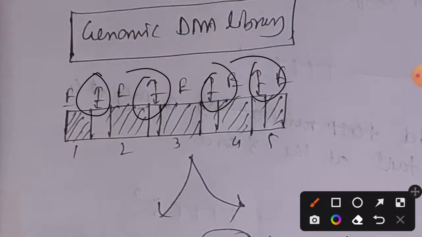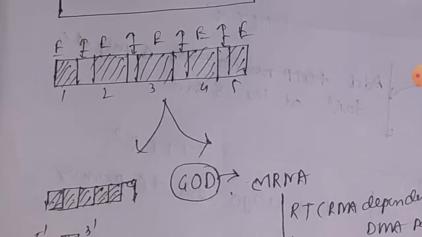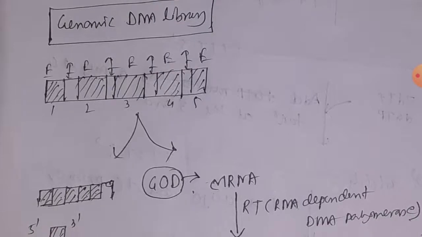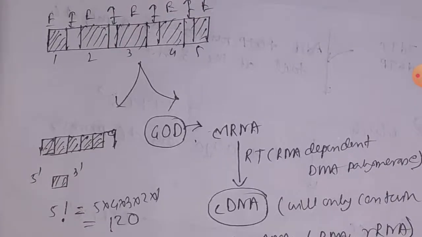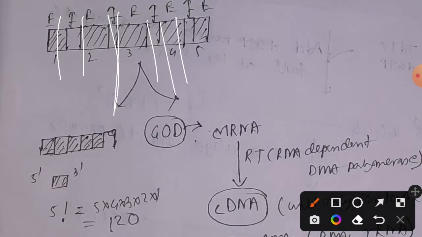So under such circumstances, it becomes very important to remove those introns. Now what can we do? There are two kinds of processes. One thing we can do is cut out each of the introns with the help of restriction endonuclease, and then arrange each of the exons.